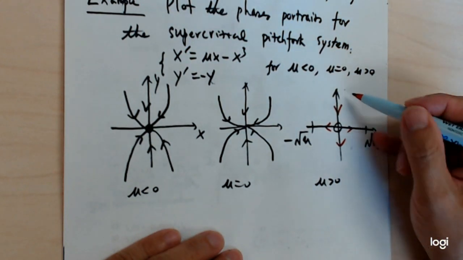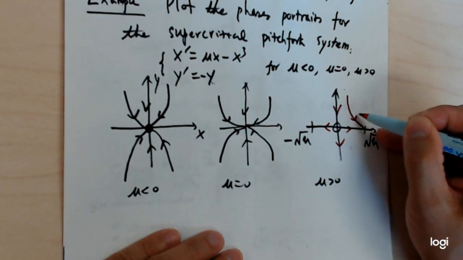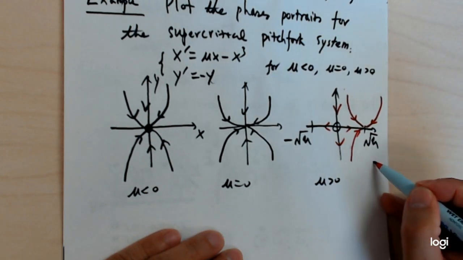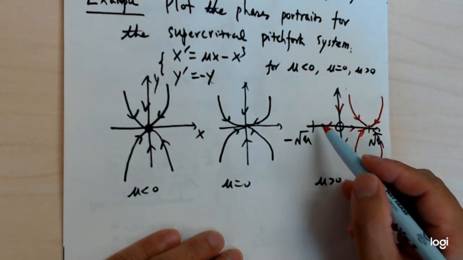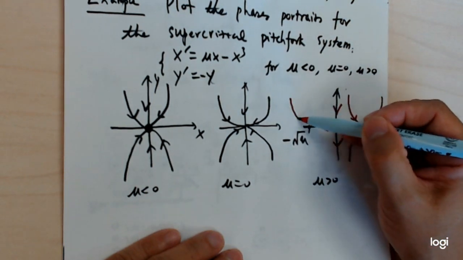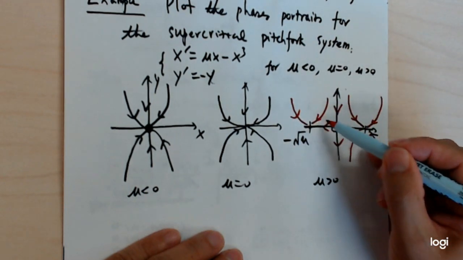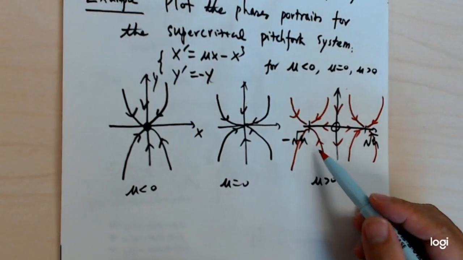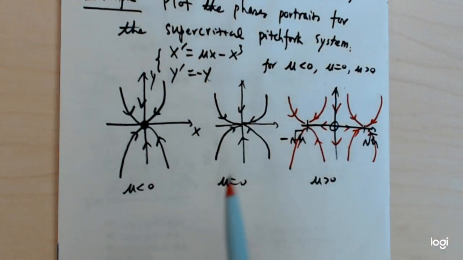Positive square root of mu, it's stable. This is how the phase portrait looks. Negative square root of mu is actually also stable. So you can either use the phase portrait, or you can also do the linearization here.